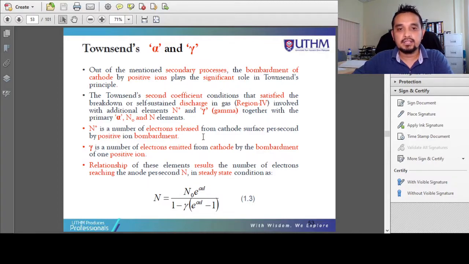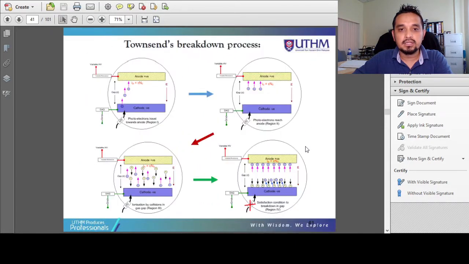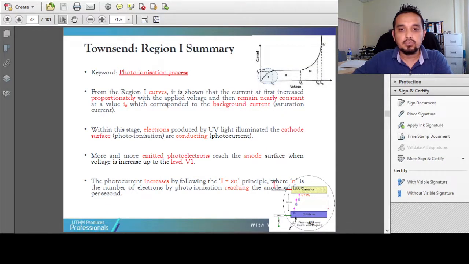In general, by now we understand that in Townsend principle, Townsend described four main regions: region 1, 2, 3 and 4. If I can quickly recap on region 1, it is what we call a photoionization process. I don't want to explain it in detail as I explained it earlier.